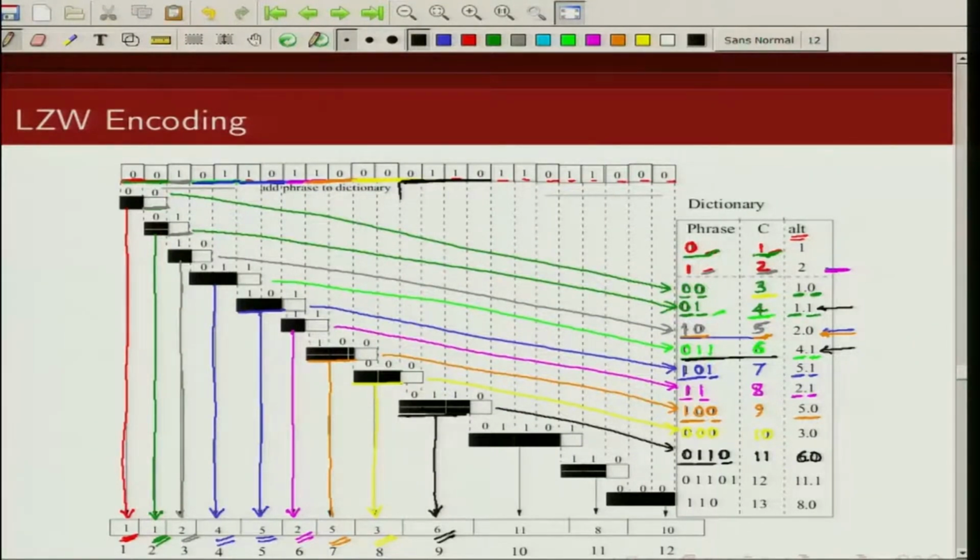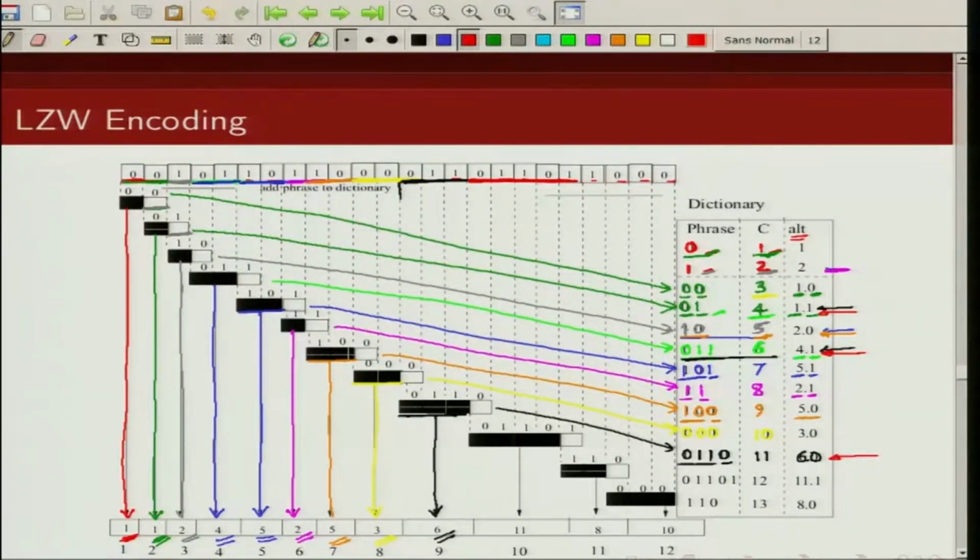Alright. Now we start from this 0. 0 is already there in the dictionary. 0 1. 0 1 is also there in the dictionary. That is this. 0 1 1. That is also there in the dictionary. 0 1 1 0. This is also there in the dictionary. Then 0 1 1 0 1. This is not there in the dictionary.